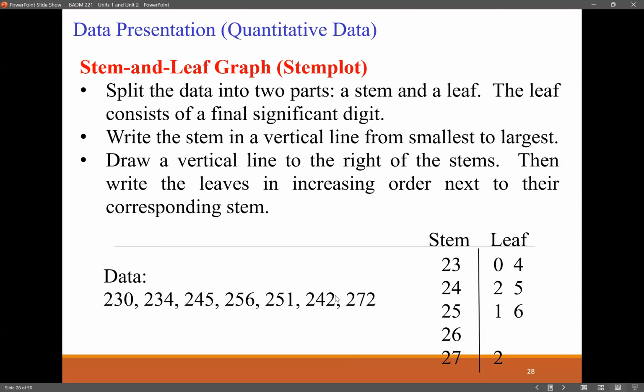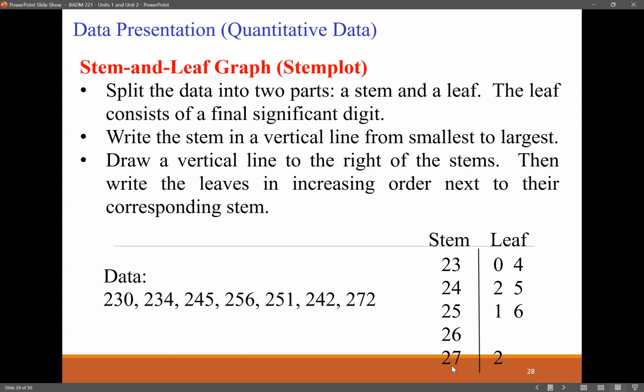Suppose you have this data here, and you can see the first two numbers are almost the same. So the first two numbers describe the stem, and the last number represents the leaf. So you can say that 23 is the first number, then 24, 25, 26 and 27.